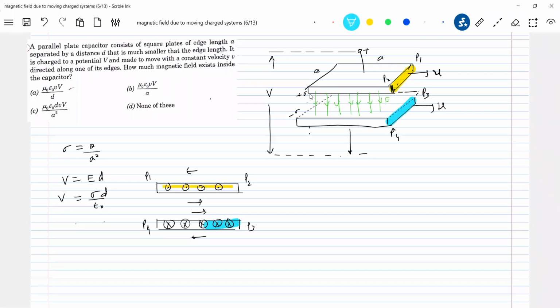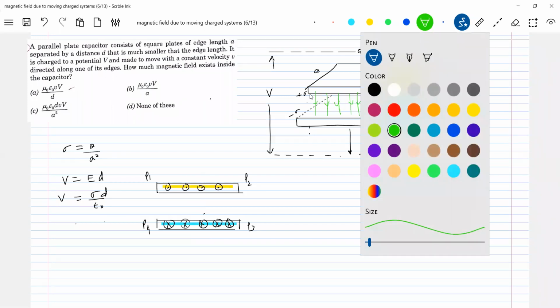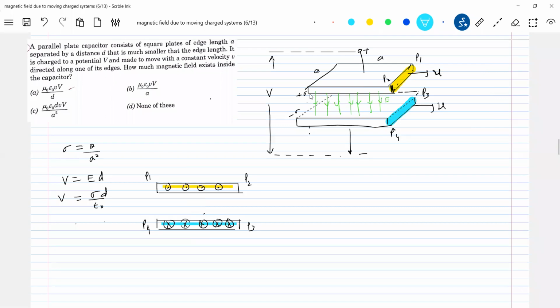At least try to understand this. Look at the arrows. The magnitude of the magnetic field strength should be the same.